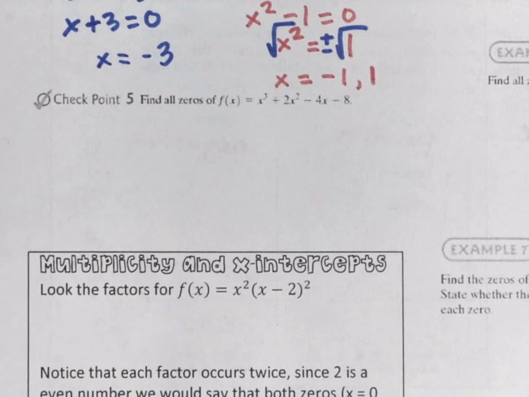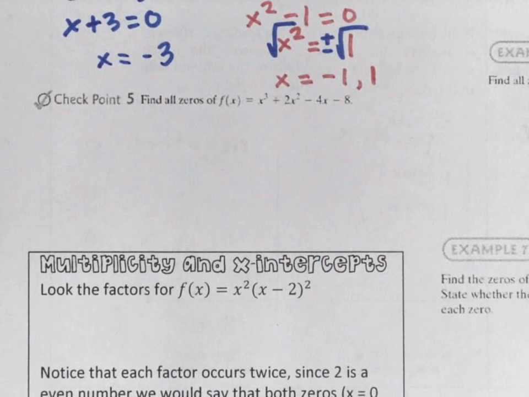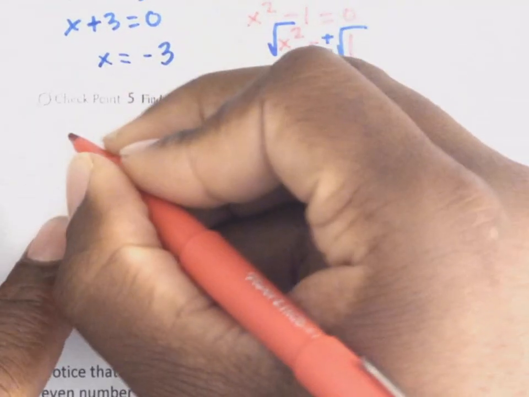So I see 4 terms. I don't have a GCF. Can't combine any like terms. I probably got to group them again, don't I? 4 terms. Let me group them again.